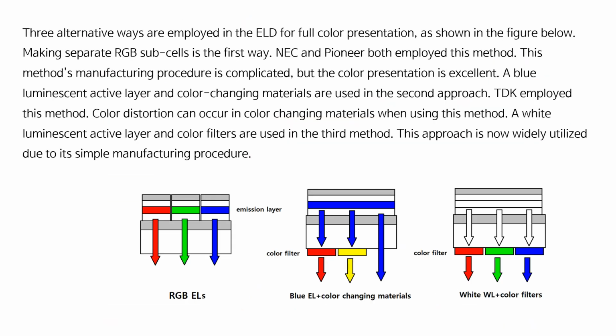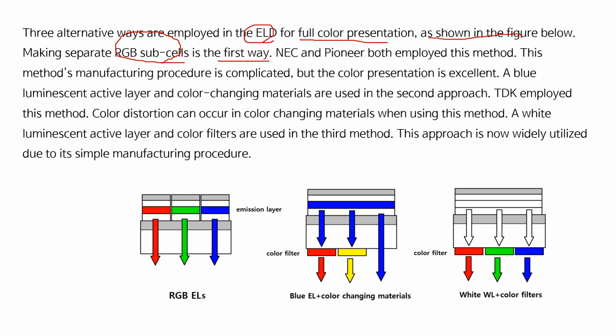Three alternative ways are employed in the ELD for full color presentation, as shown in the figure below. This figure. Making separate RGB source cells is the first way.